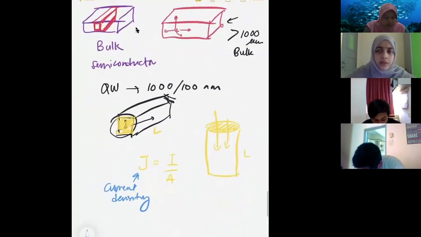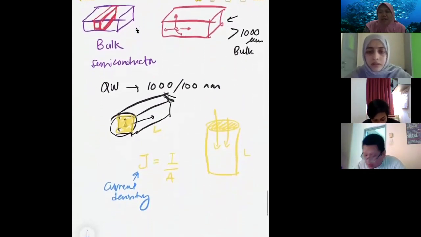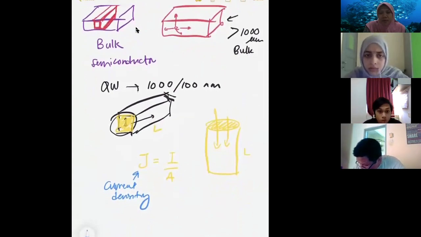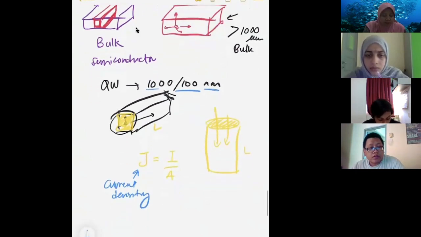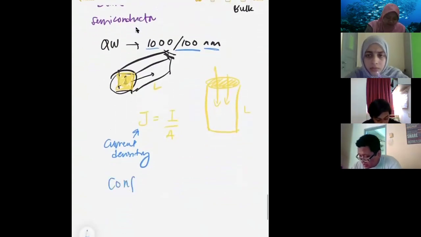So if you make it smaller, basically you're slicing the semiconductor to make it smaller. If it's small enough, in the range of 1,000 or 100 nanometers, it becomes a quantum well. What does a quantum well do? It only allows carriers to move in two dimensions, because they are confined.